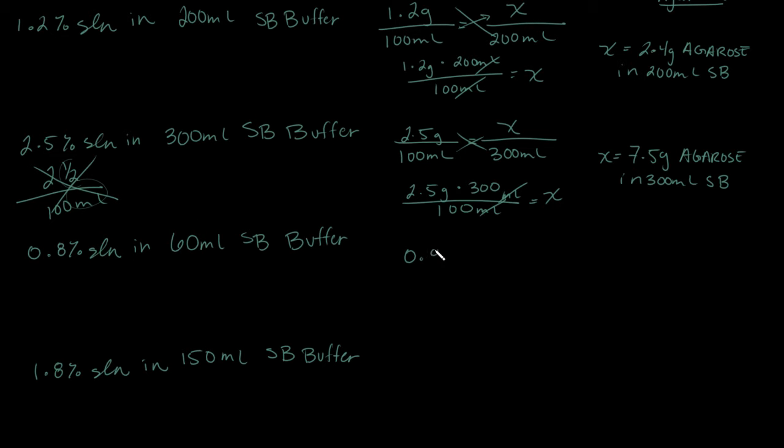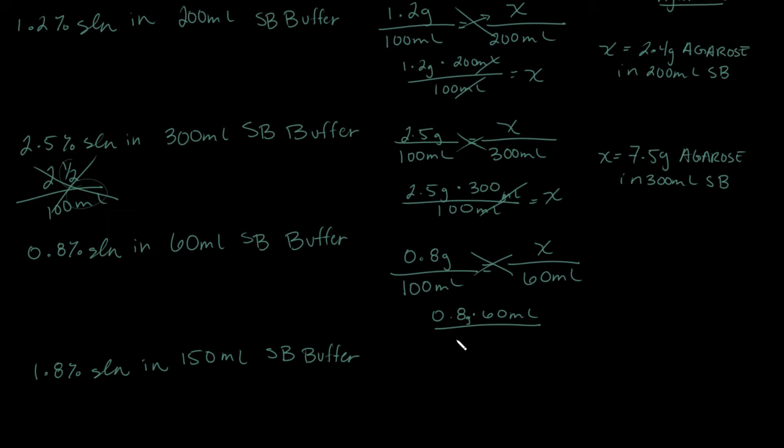So 0.8 grams, again, percent is defined as grams per 100 mils, excuse me. X, 60 milliliters of SB buffer. Quick cross, 0.8 times 60 grams.